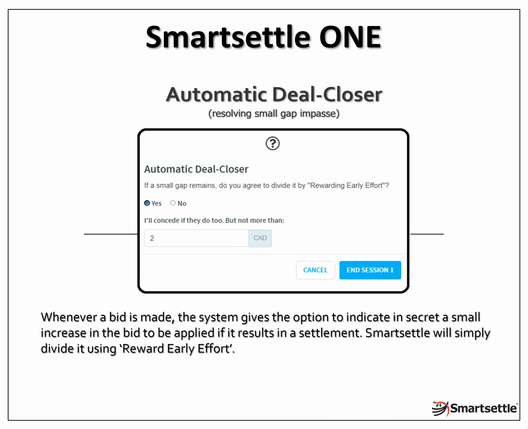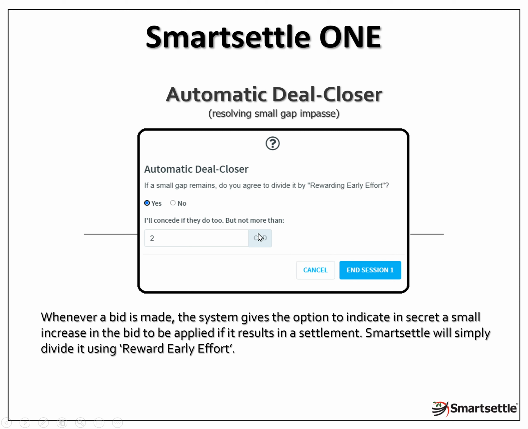Now, what if the bids and offers and acceptances on both sides don't overlap? Every time that somebody does put in an offer, this pop-up appears, the automatic deal closer, which gives an opportunity to make a small movement if it will in fact help reach a settlement.